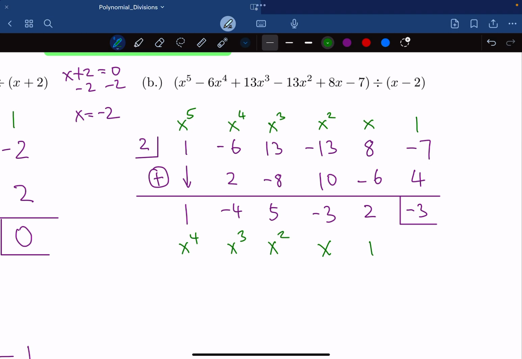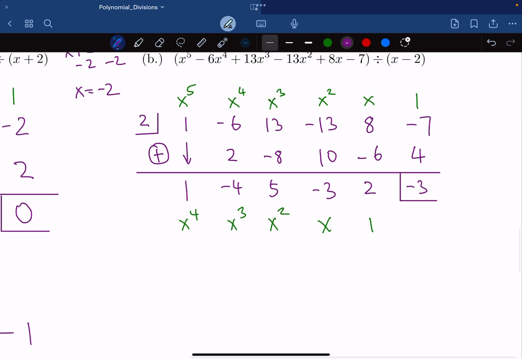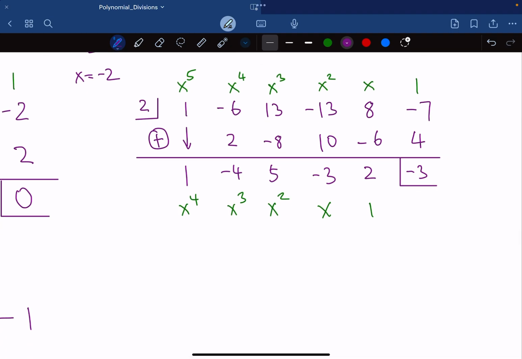So my answer here is just going to be 1x to the fourth minus 4x to the third plus 5x squared minus 3x plus 2. And then I write my remainder, so plus negative 3 over the divisor.